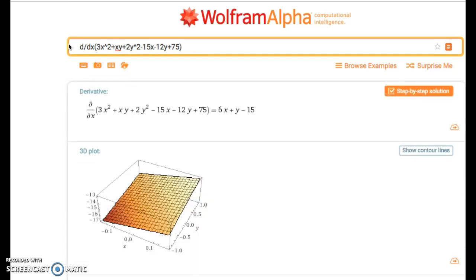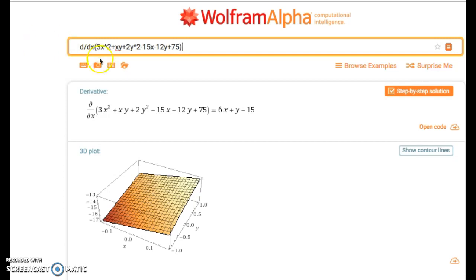So this is computing the derivative with respect to x. In certain problems or on a test, you might want to record that the partial derivative with respect to x, so df dx, is 6x plus y minus 15.